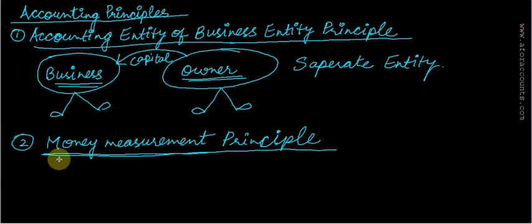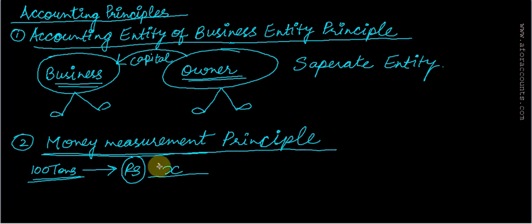For example, say I have 100 tons of bags of cement. Is this all? If I record it, is this all? No, I have to put it in money: 100 tons of bags of rupees so and so, rupees X. Until this rupees factor is missing, you cannot record it in your books of accounts, and that is what we call the money measurement principle.